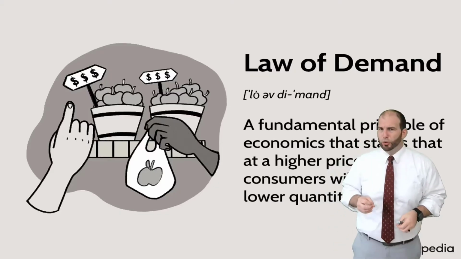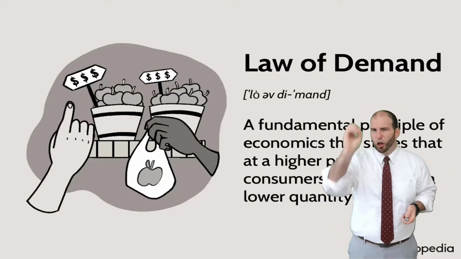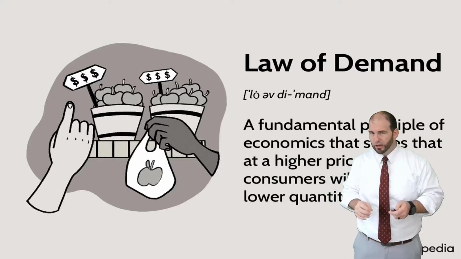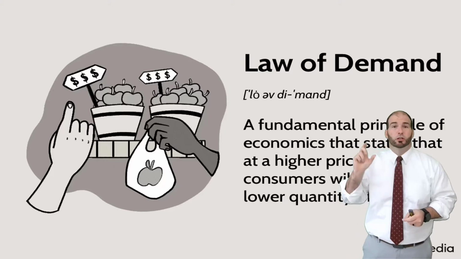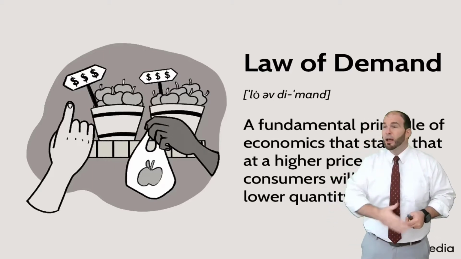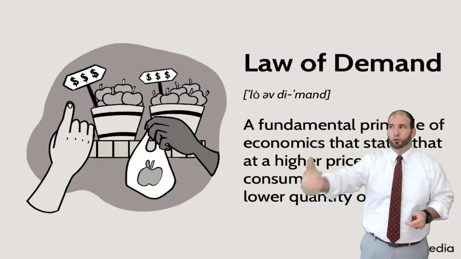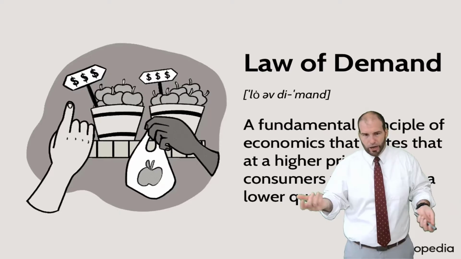There's also this thing with demand, wants and the ability to buy stuff. There's this thing called the law of demand. Now, this is a lot of common sense, and we're just associating vocab terms with common sense as we move forward in this course, so you can connect the two.